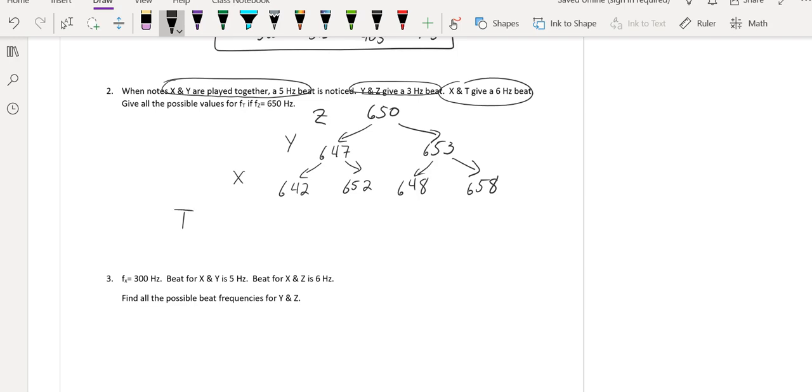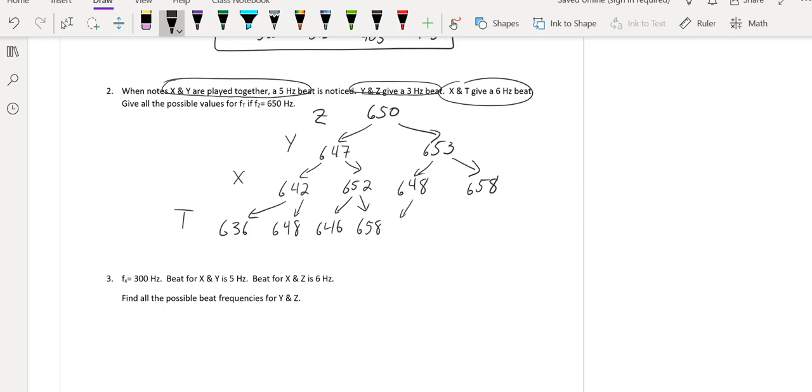So we're going to have T down here, and that's going to give you 636. Plus 6 would be 648. If we take the 652 and subtract 6, we get 646. If we add 6, we get 658.